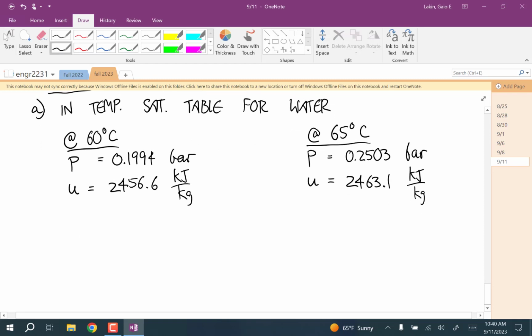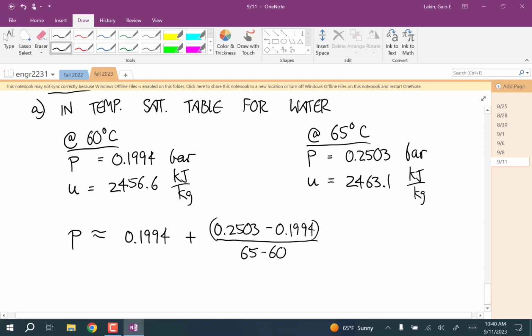And so we'll first do the pressure. The pressure at 63 degrees is about equal to the pressure at 60, plus the pressure at 65 minus the pressure at 60, divided by 65 minus 60, and then multiplied by just the distance from the x you want to the left x value, so multiplied by 63 minus 60.